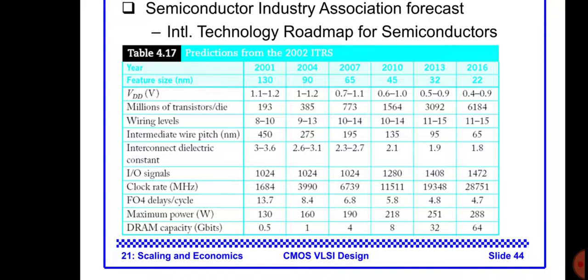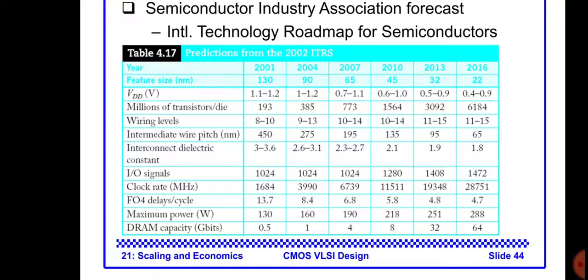Millions of transistors per die: in 2001 193, in 2004 385, in 2007 773, 2010 1564, 2013 3092, and 2016 6184. The wiring levels: in 2001 8 to 10, in 2004 9 to 13, in 2007 10 to 14, 2010 10 to 14, in 2013 11 to 15, in 2016 11 to 15.